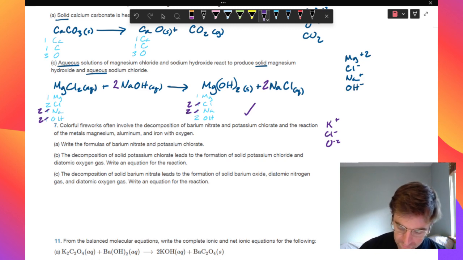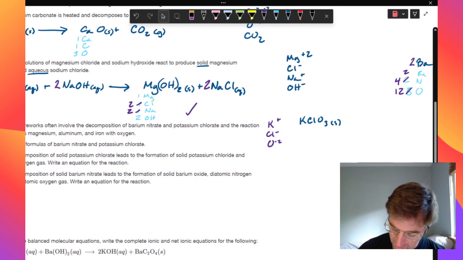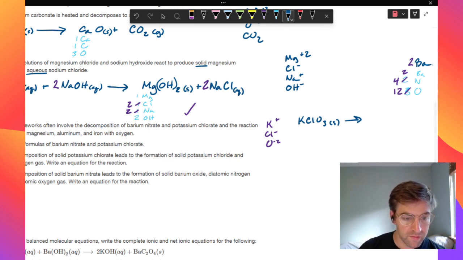So, same exercise. We're starting with solid potassium chlorate. That's going to decompose to form potassium chloride, I think that's chloride, and molecular oxygen.